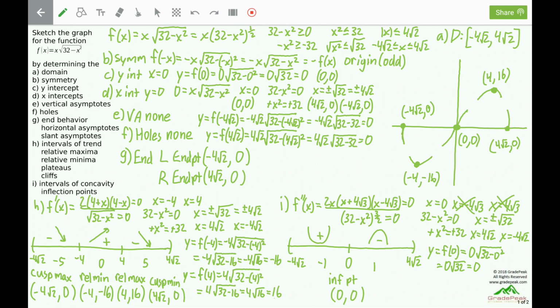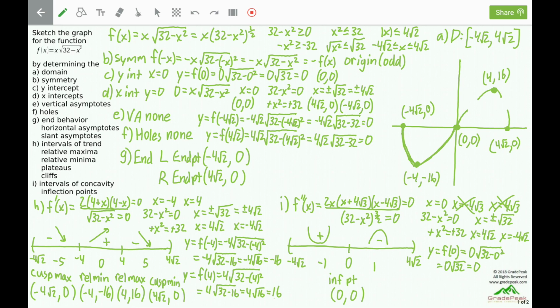And now we can connect these pieces together. So here we're decreasing and concave up, so it's curving upward while heading downward. Here it's increasing while still being concave up, so it's headed up and curving up.